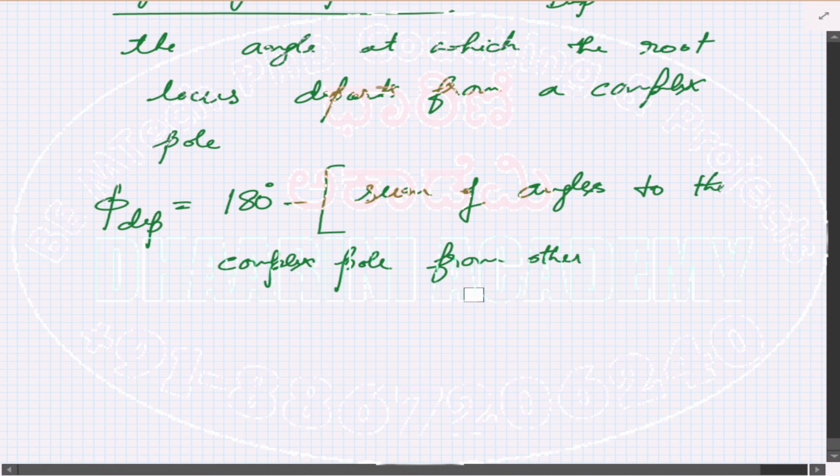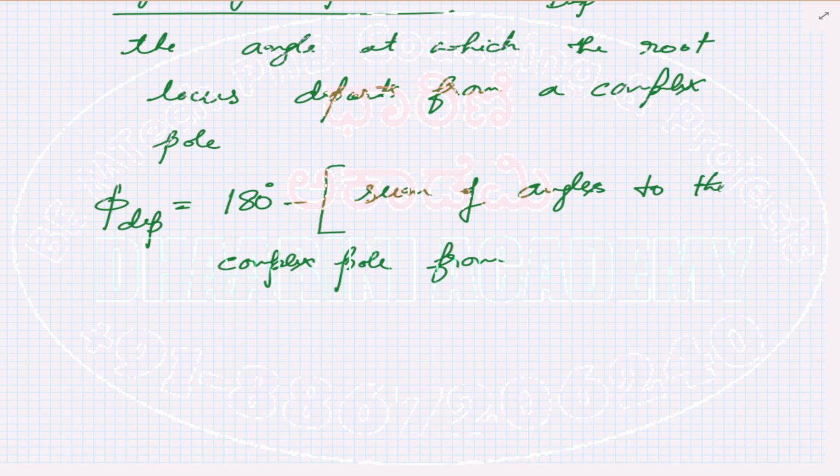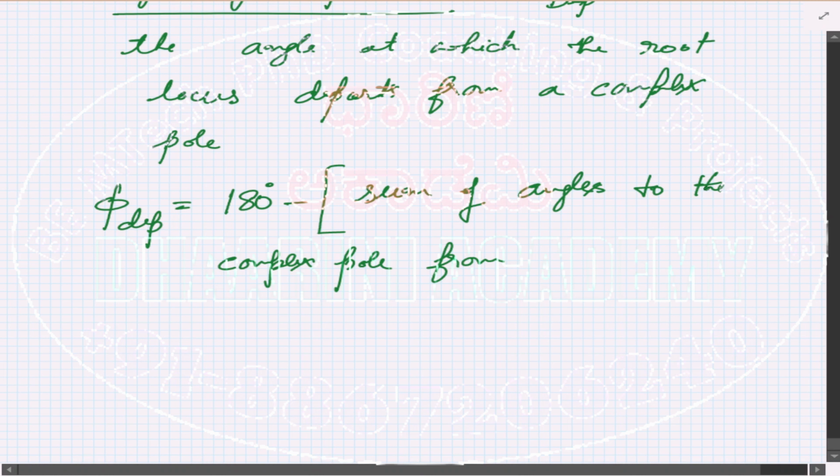I'll write the word all as well, because I need to consider every pole present on the graph other than this particular pole which I'm considering. If you have three more poles, I need to calculate the angles with respect to all three poles. So it's the sum of the angles to this complex pole from all other poles of the system. This is the first term.